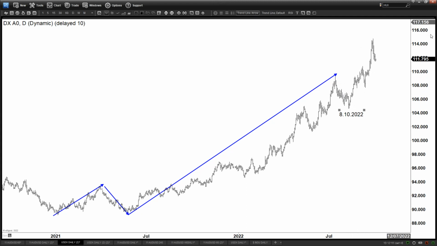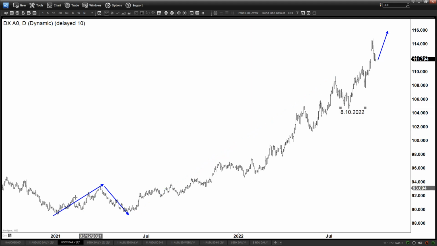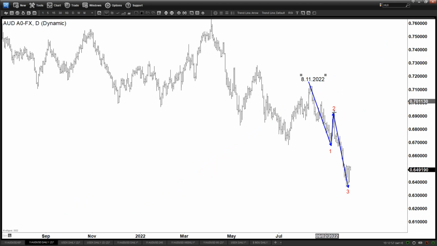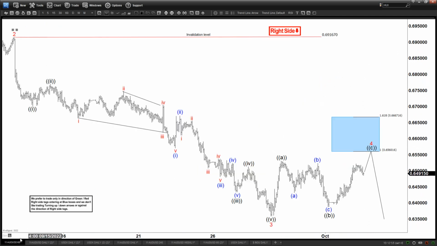So it makes sense to suggest that we can still see at least one more push to finish a 5 waves up from August 10. And therefore the Aussie dollar can also do one more push lower, likely, to finish a 5 waves down from August 11. Going back to the 1 hour, any rally is therefore still expected to fail.